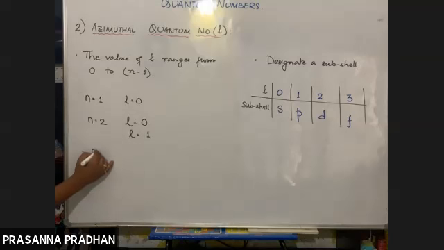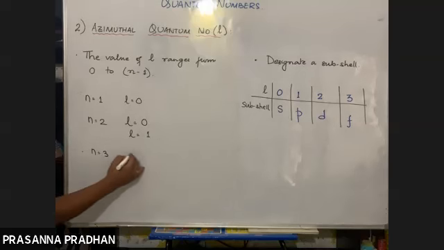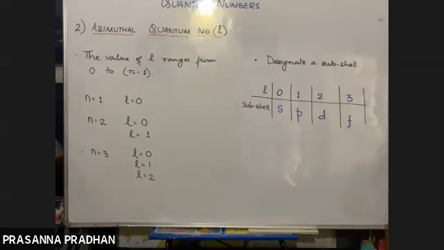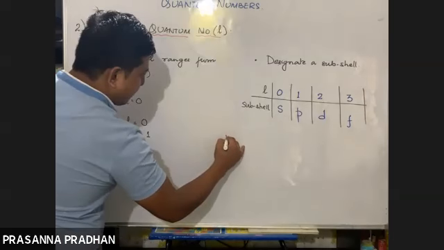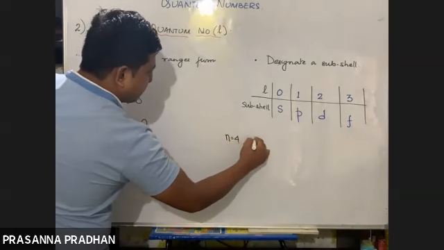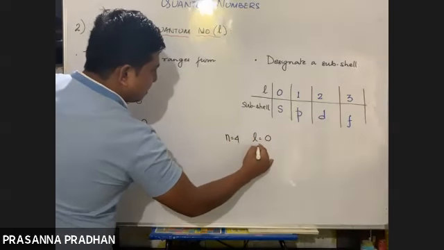When the value of n equals 3, what are the values of l? 0, 1, 2. Similarly, when the value of n equals 4, what are the values of l? 0, 1, 2, 3.